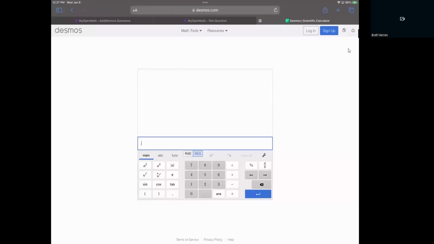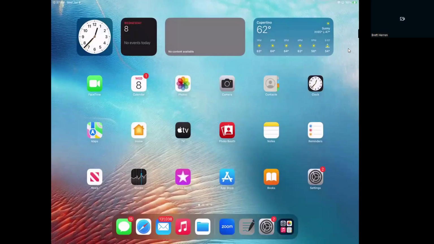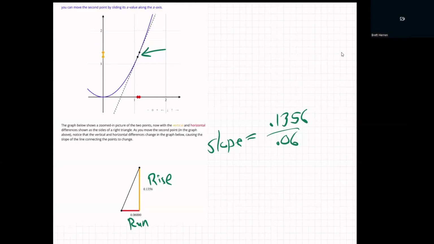So you can get access to Desmos during the exam, homework, everything is right on the website. What was it, 0.1356 over 0.06, I think. Isn't that it? I'm getting 2.26. 0.1356 over 0.06, 2.26. So type that in.